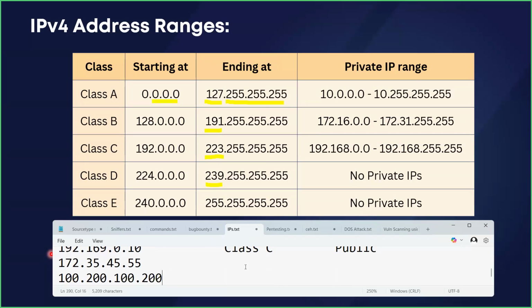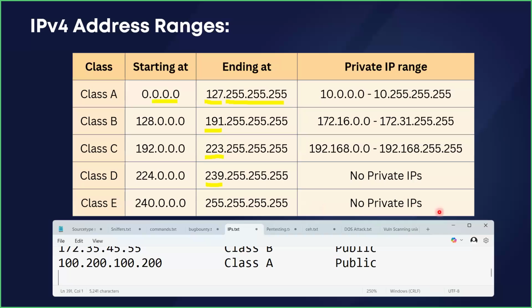Next, class B, public. Perfect. Next, perfect. Okay, so that is how you would categorize these IPs by looking at these ranges.